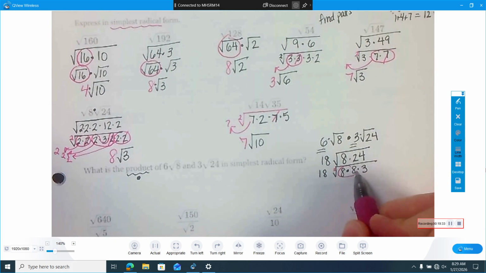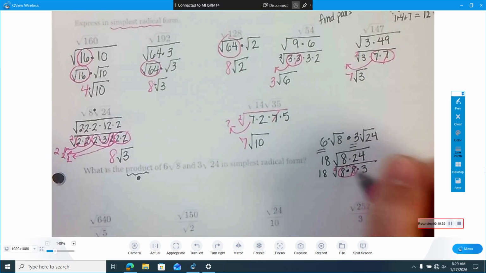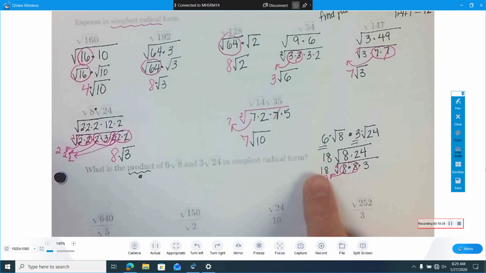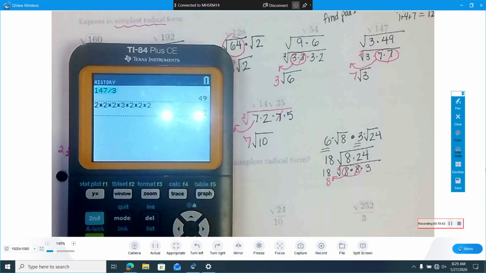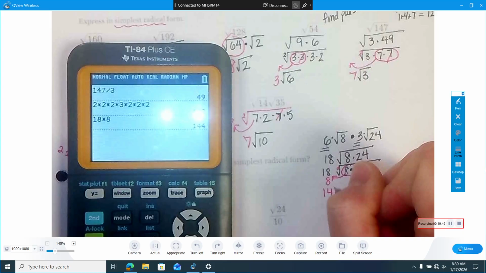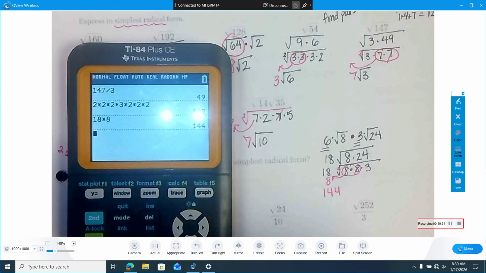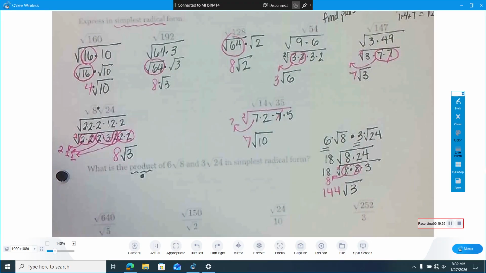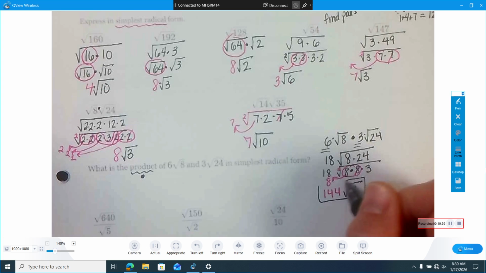So we have a pair of 8s now. So 1 dies and 1 escapes. What do I do with the 18 and the 8? Multiply. Yes, everything is multiplied. So 18 times 8 gives me 144. And then what's in the radical? The 3 stays in the radical. All right. Any questions so far?